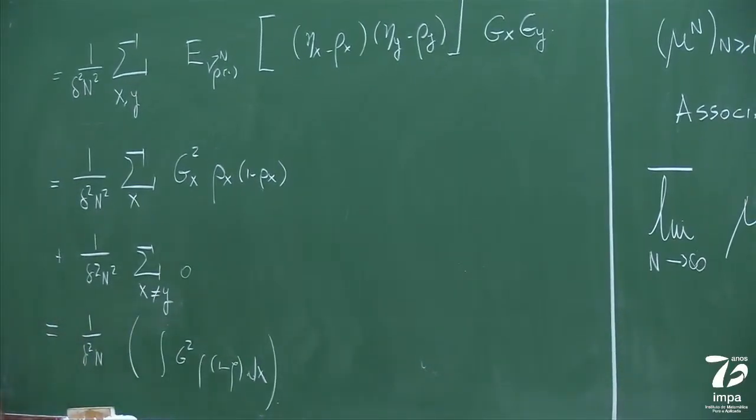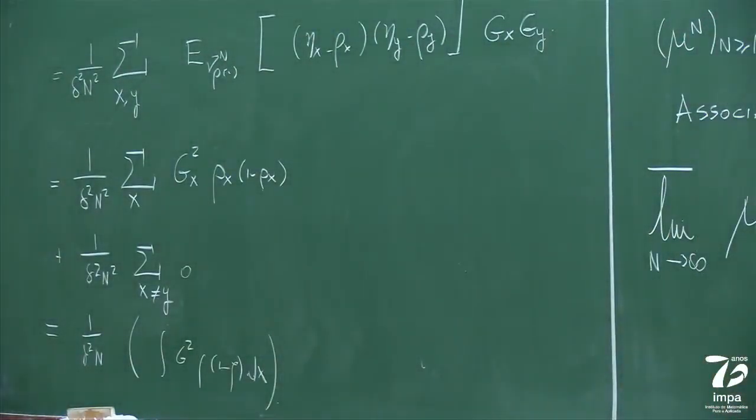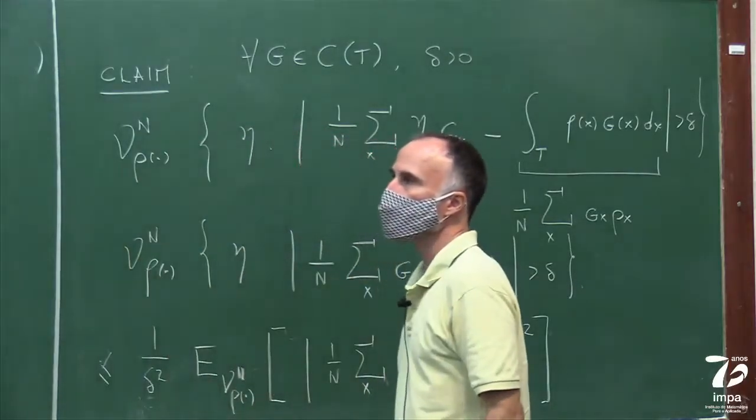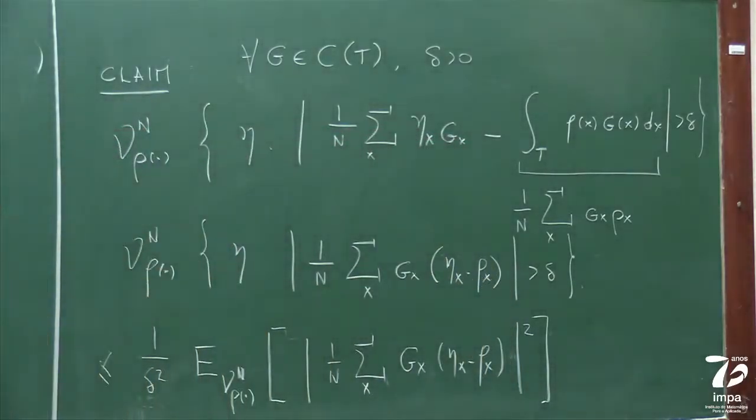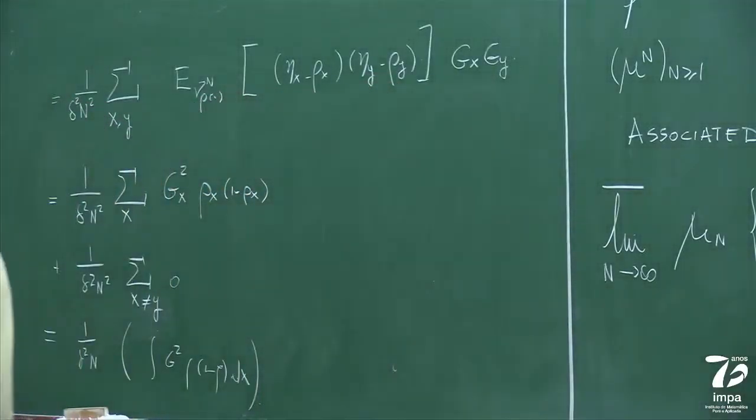So this proves that whatever continuous function ρ you give me, this will be a sequence of measures which are associated to the continuous profile ρ. All right? Questions?